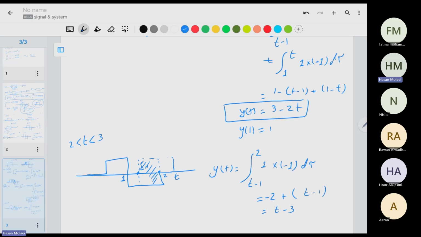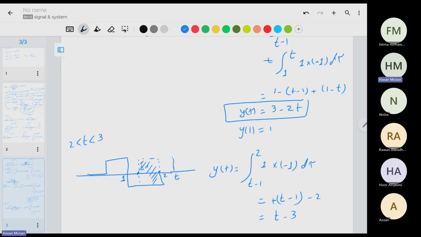I think this is wrong. It should be minus, I can write t minus 1 minus 2, which is t minus 3. Yeah.